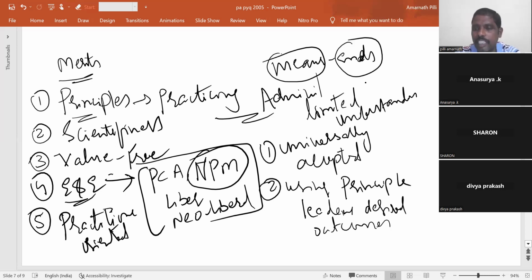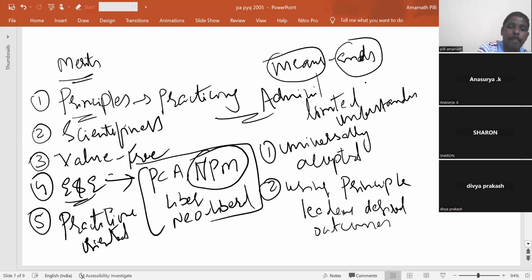We know that these principles were contributed by Taylor, by Fayol, by Mooney and Reiley. Now, what was their approach, and what is the shortcoming in that? I have given a hint.